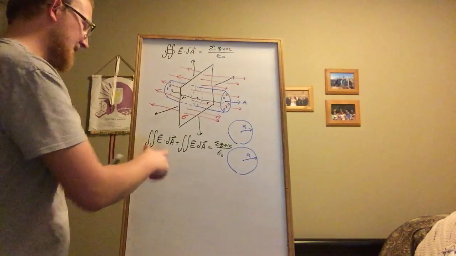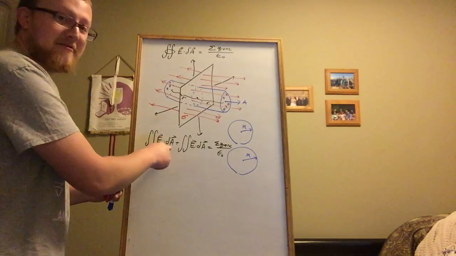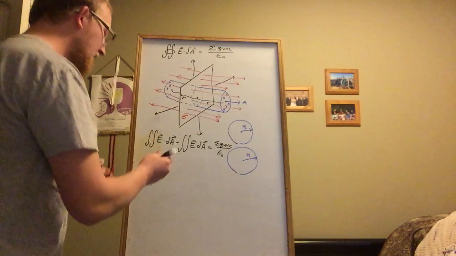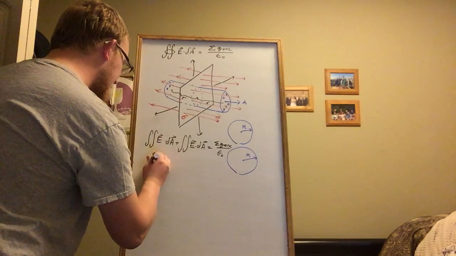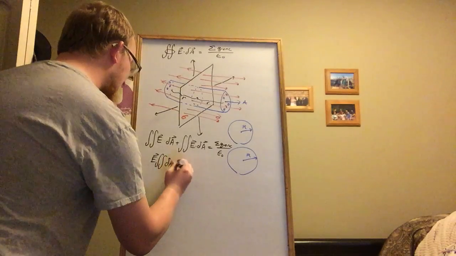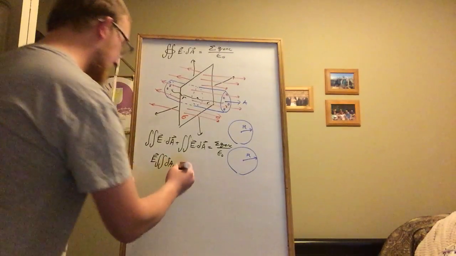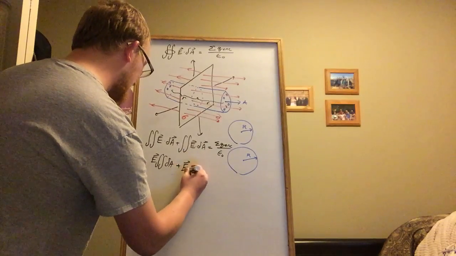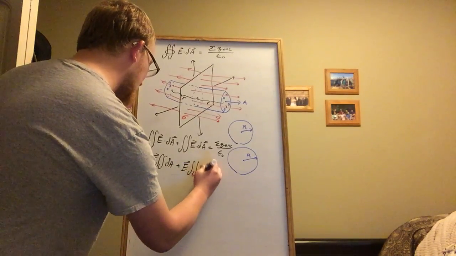What that tells us is that the E field does not vary with the small chunk of area, which means that we can conveniently pull the E field out of our integral for both of these, because the E field is constant for all small chunks of area.